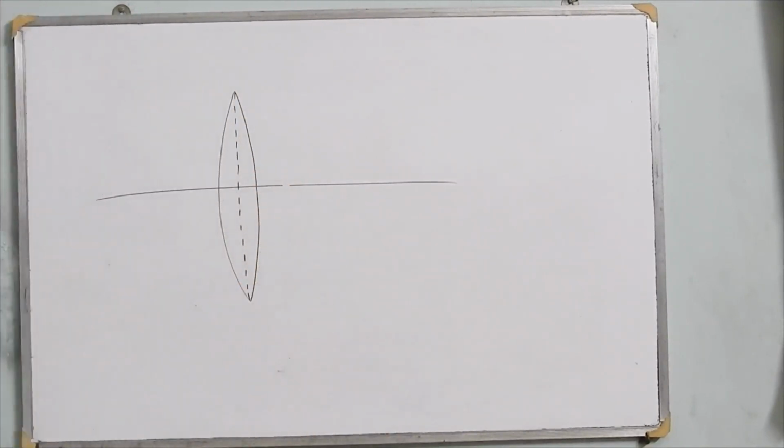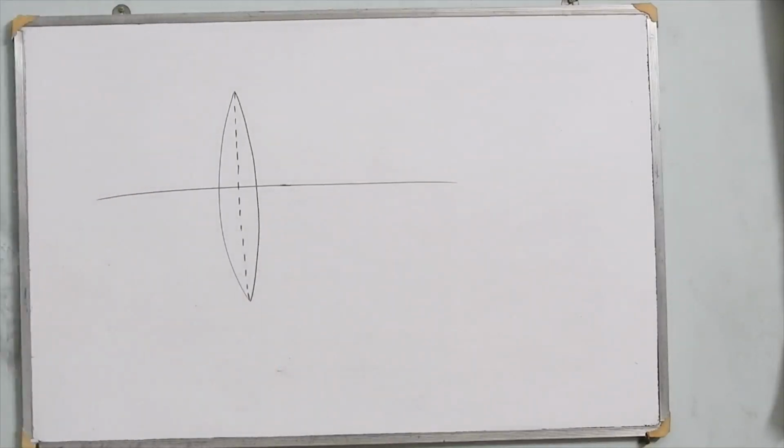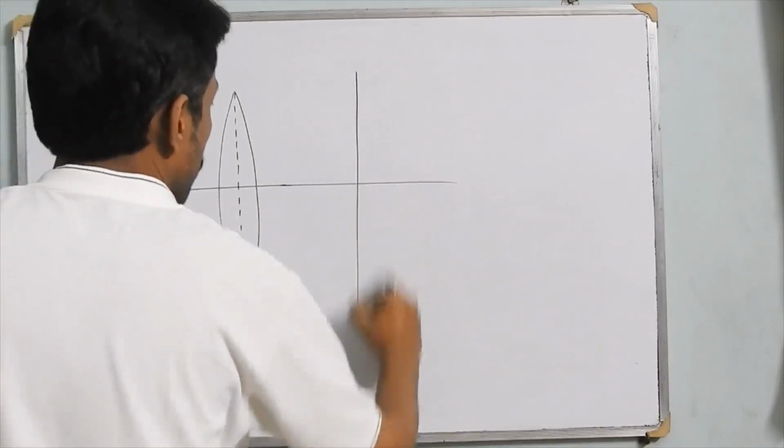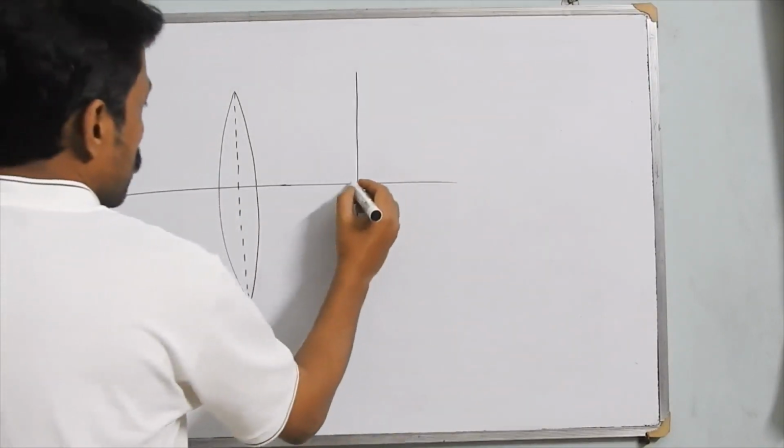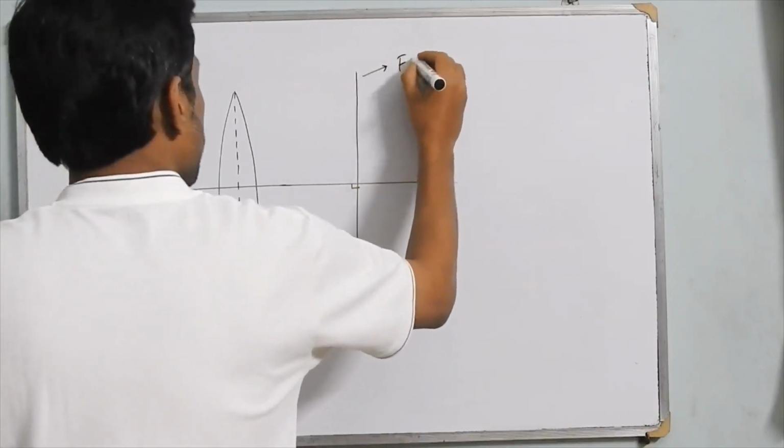After refraction, they will also meet at a point, and that point will lie on a plane which is called the focal plane. So suppose I am drawing this plane. This is a plane perpendicular to the principal axis, and suppose this is called the focal plane.